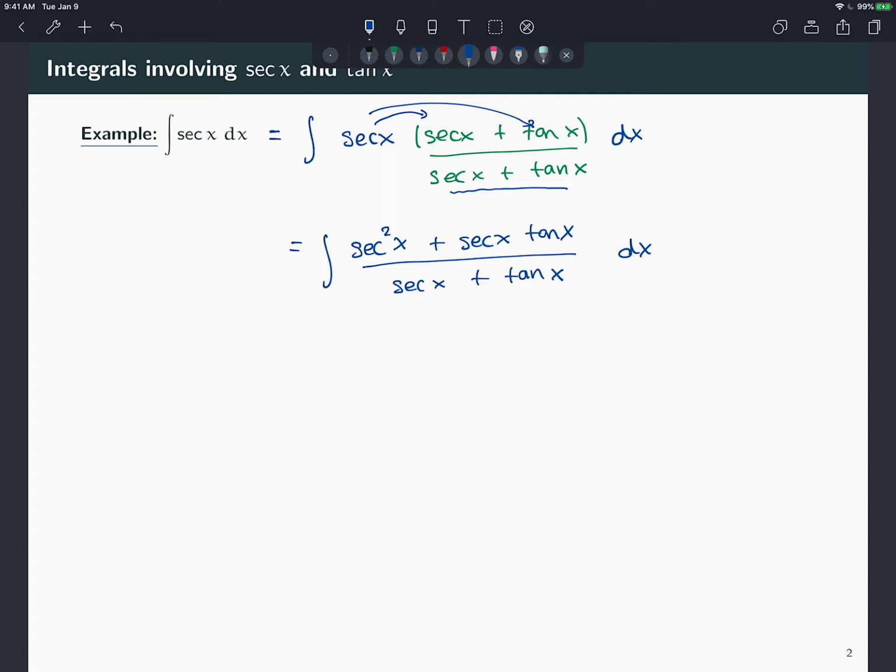And what I'm saying now is that if you make a u substitution where u is secant x plus tangent x, then precisely the derivative of that would be, the derivative of secant is secant tangent, and derivative of tangent is secant squared, which is exactly what I have in this numerator.